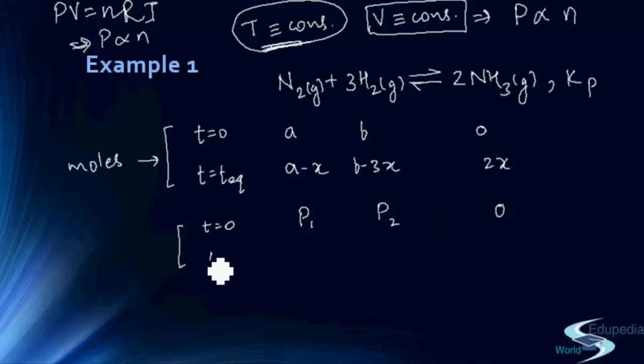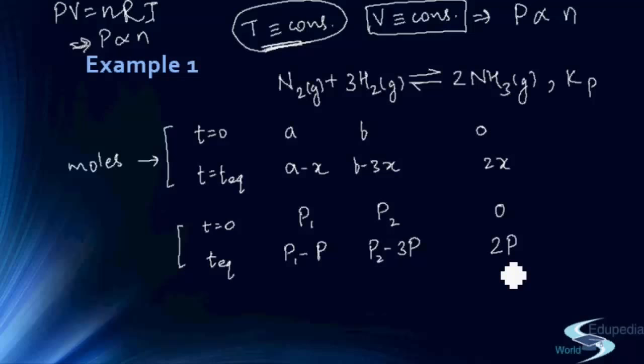Then by the time equilibrium is achieved, the amount of nitrogen left is P1 minus P. That means P is the proportion of nitrogen consumed, which means the amount of hydrogen consumed will be 3P, and that of ammonia formed will be 2P.